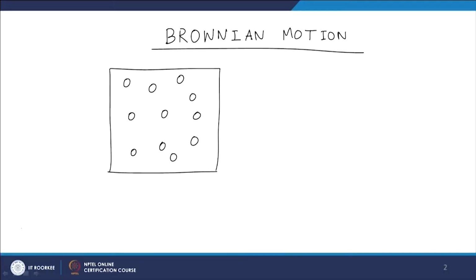That is, if I apply a force in this direction, it would not be that all the molecules would start moving in the direction of the force as we normally think in the case of a macroscopic system. Let us say we have a block, I apply a force, and the block moves in the direction of the force applied, but if I look at the molecules within the block, they do not quite move in the direction of the force; they actually have some diffusive motion and some convective motion.